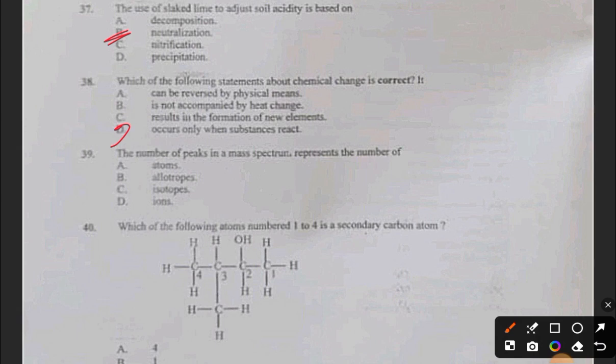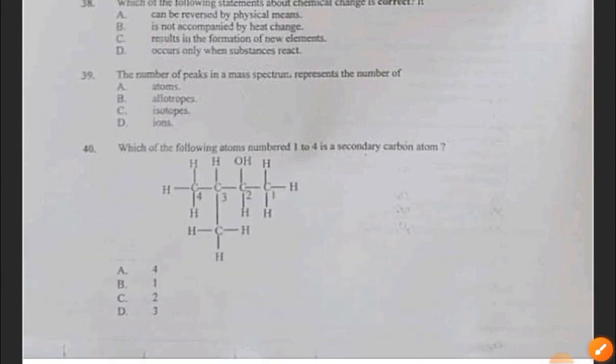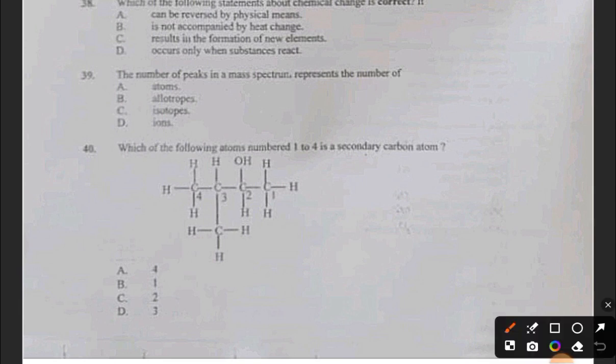39. The number of peaks in a mass spectrum represents the number of isotopes. 39 is C. Question 40. Which of the following atoms numbered 1 to 4 is secondary carbon atom? Secondary carbon atom is bonded to two other carbon atoms. So in a given structure, looking at it, it's the one with the two.